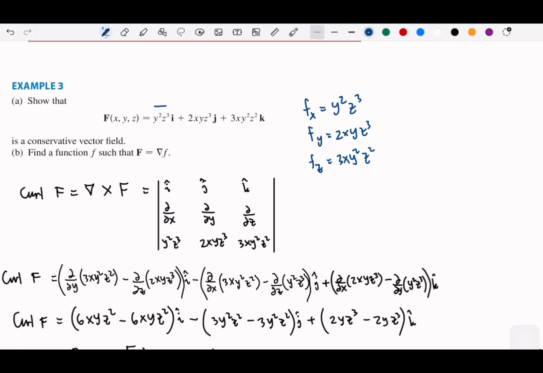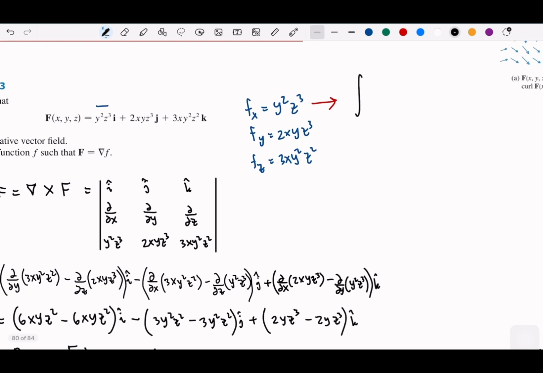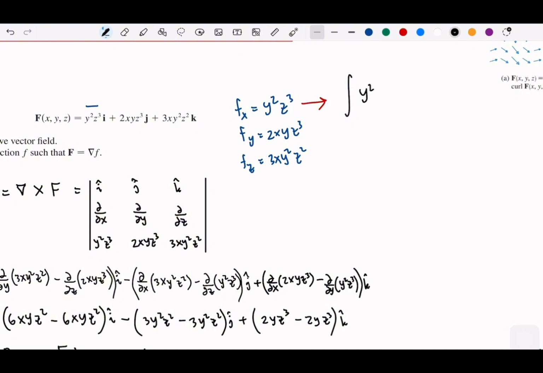So if we take this partial x, we integrate with respect to x. So let's say this is y squared z cubed dx. We are going to have xy squared z cubed, and then the constant will be, let's say, a function g, but this will be of two variables. Okay.